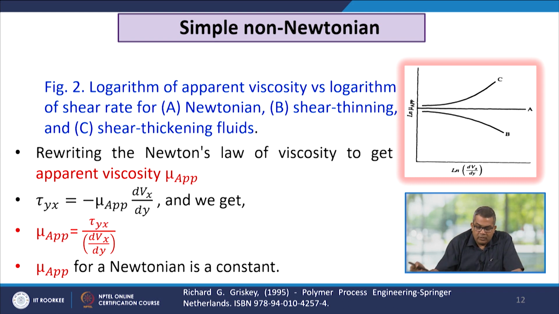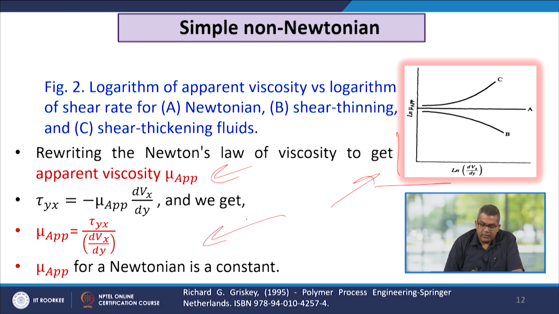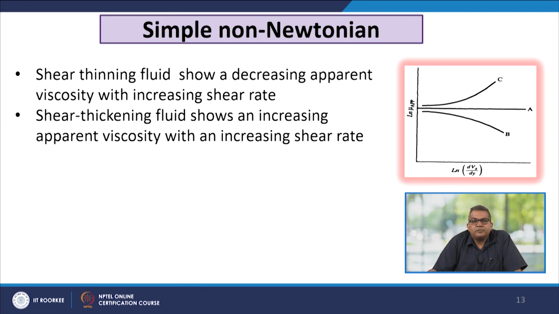Now, this particular figure is the logarithm of apparent viscosity versus logarithm of shear rate of Newtonian, shear thinning and shear thickening fluids. So, if we rewrite Newton's law of viscosity to get the apparent viscosity, sometimes referred to as mu apparent, tau yx is equal to minus mu apparent dvx over dy, and we get mu apparent as tau yx over dvx over dy, and mu apparent for a Newtonian fluid is a constant.